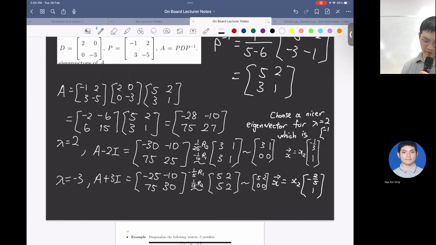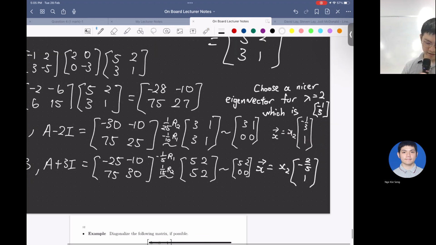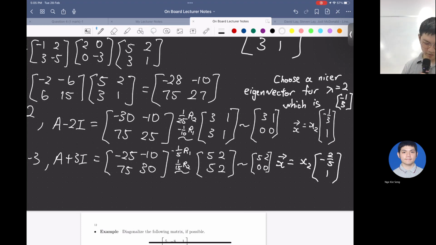I multiply by 3, so I get minus 1, 3, because anything times this vector would be my eigenvector, so I just take x2 equals 3.